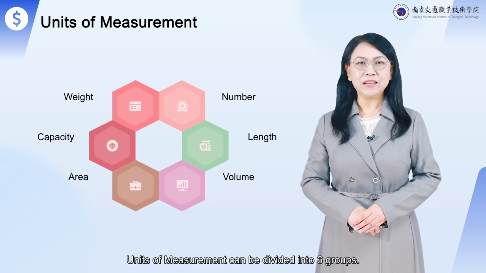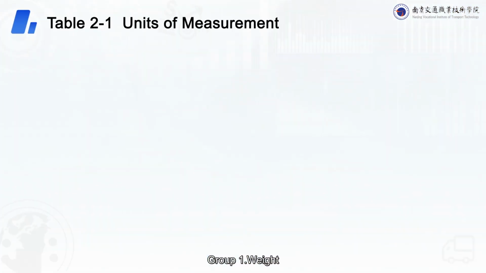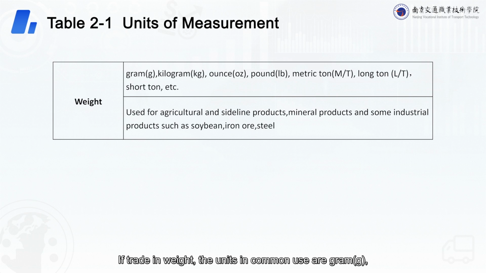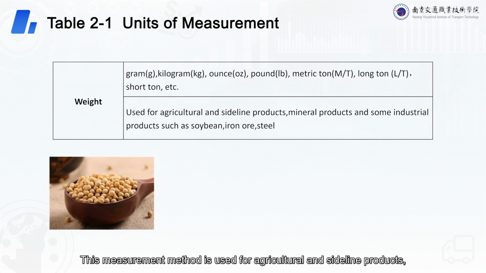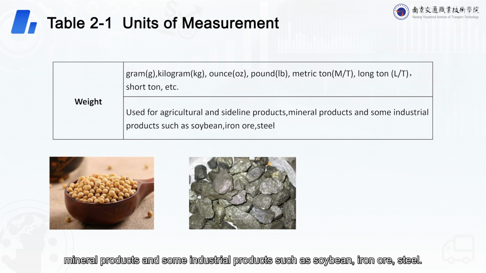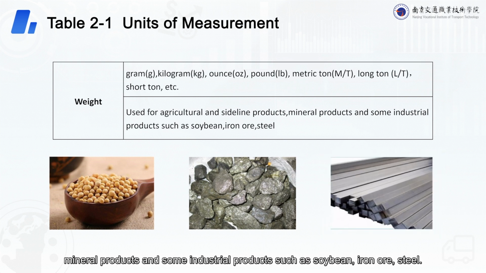Units of measurement can be divided into 6 groups. Group 1, weight. If trade in weight, the units in common use are gram, kilogram, ounce, pound, metric ton, long ton, short ton, etc. This measurement method is used for agricultural and sideline products, mineral products, and some industrial products, such as soybean, iron ore, steel.